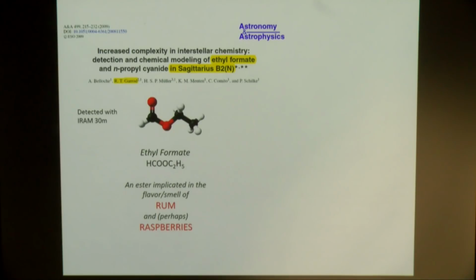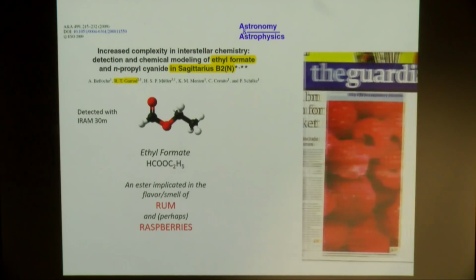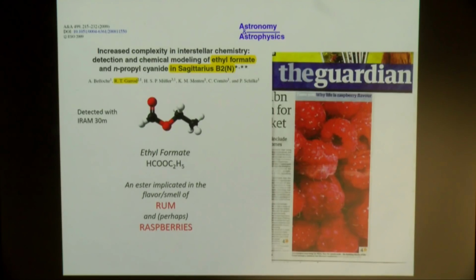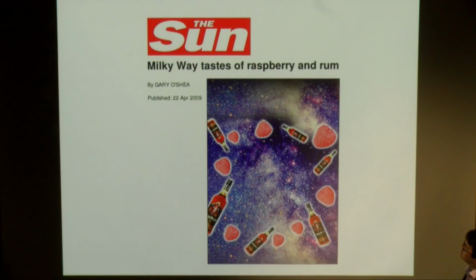Now, I'm not sufficiently expert in either of these things to vouch for the truth of that, but it's not uniquely implicated, but it is one of many components. But anyway, the press picked up on this little discovery, so we made it onto The Guardian. The Guardian is one of the more sober publications in the UK. The Sun is somewhat less sober.